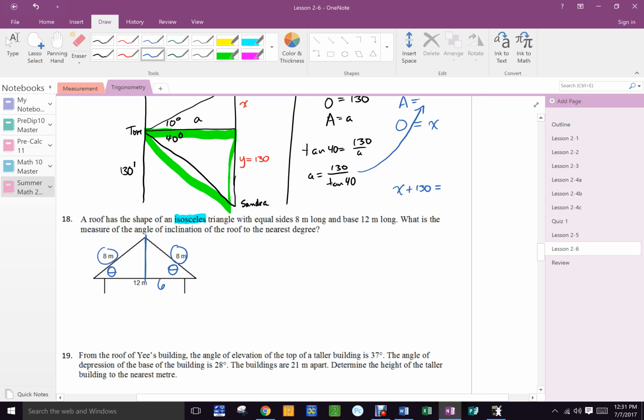So I have this triangle: 8, 6, and I need theta. Since it's theta, I need to shift, right? I have adjacent and I have hypotenuse. So it's cos of theta equals adjacent 6 over hypotenuse 8.